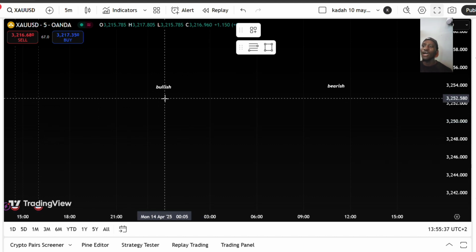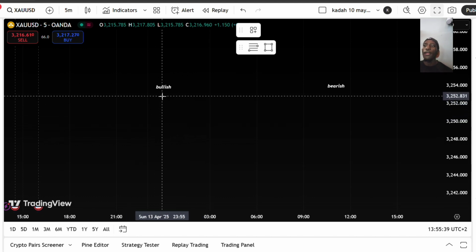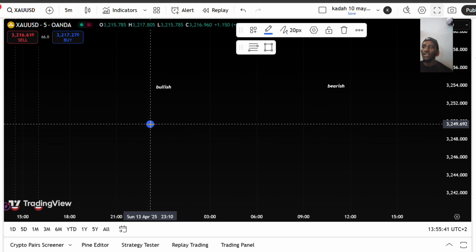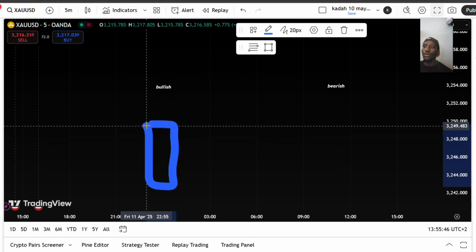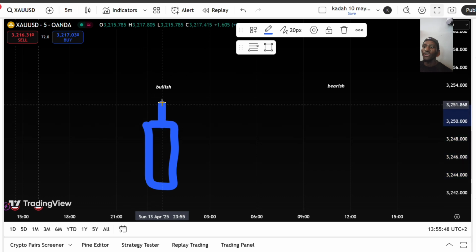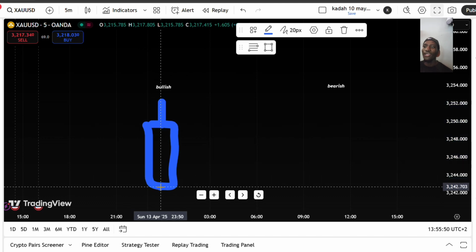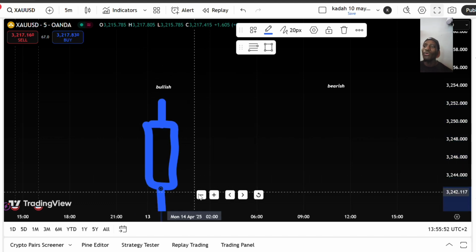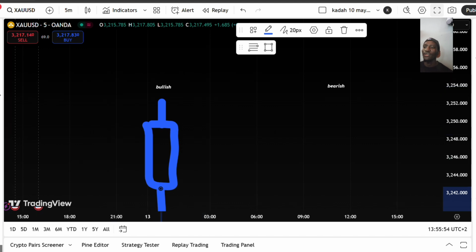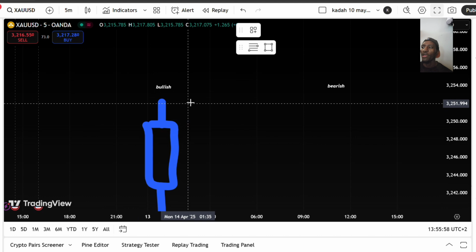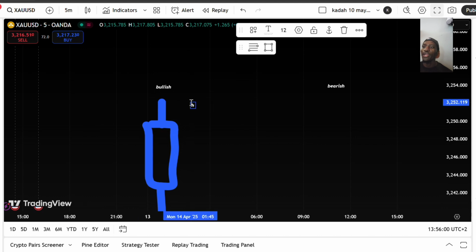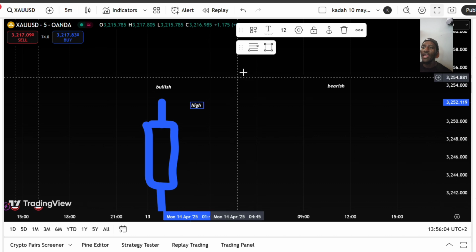Let's now go down to the anatomy of a bullish candlestick. First, it has what is called a body. Let me draw a body right there. This is what a normal bullish candle looks like. Let's now label the parts. The first one is called the candle high, so let's write high.